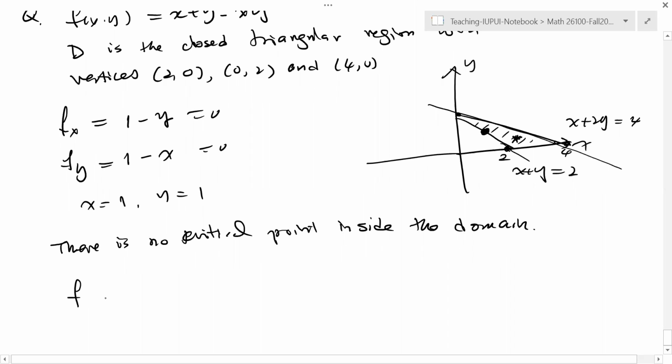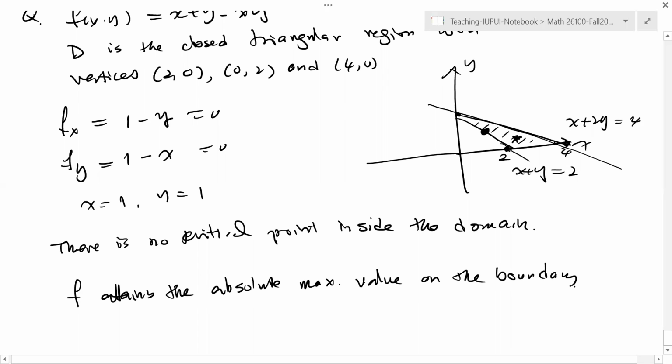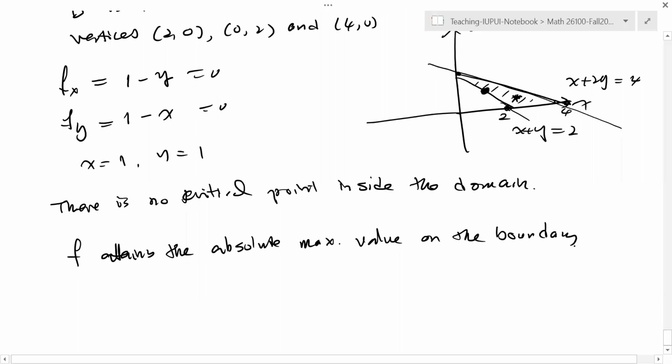So f attains an absolute maximum value on the boundary, and we have to find the maximum value on the boundary. Now we are in trouble, right? How do you describe the boundary? The boundary consists of three pieces.